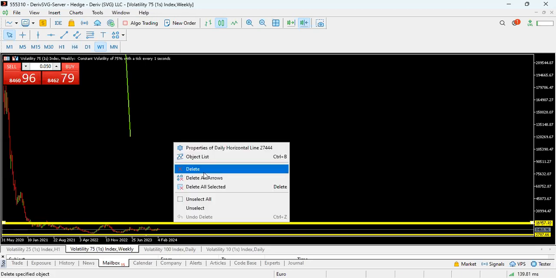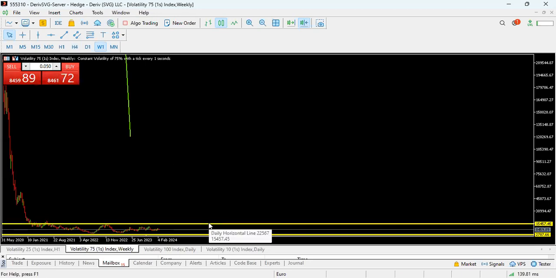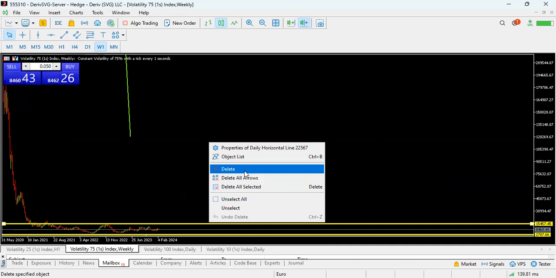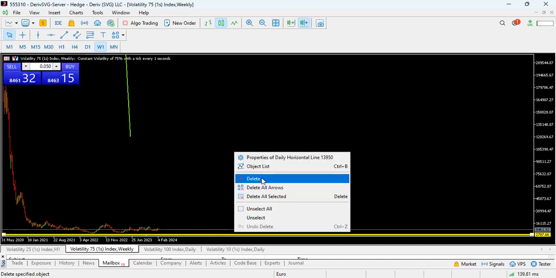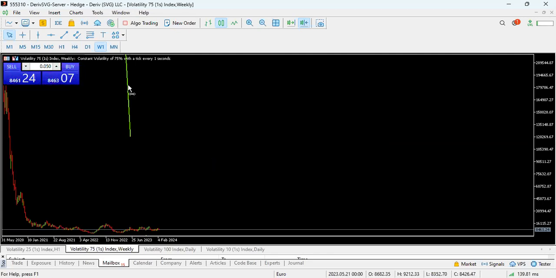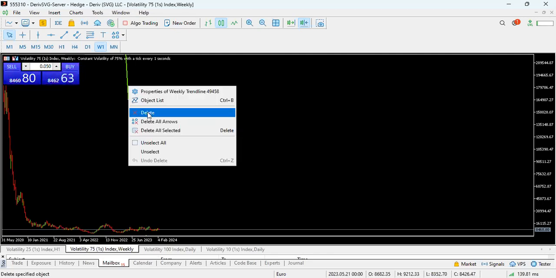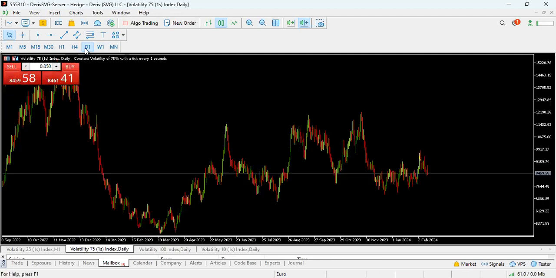So I'll go back to daily. The first thing is to use the daily time frame to know the direction of the market. Now this is V75-1S, and I'm using the daily time frame.